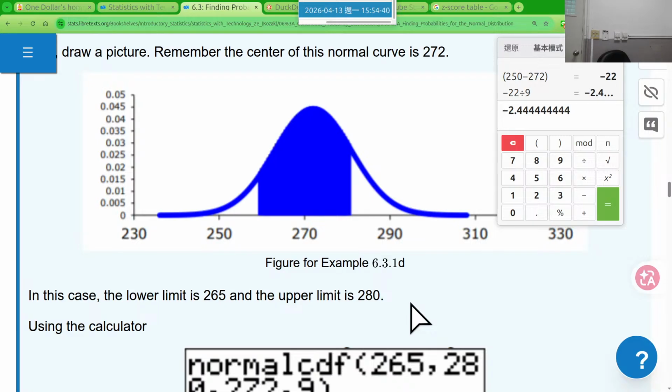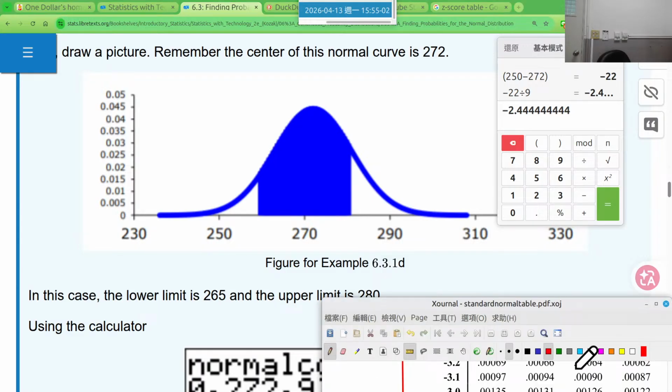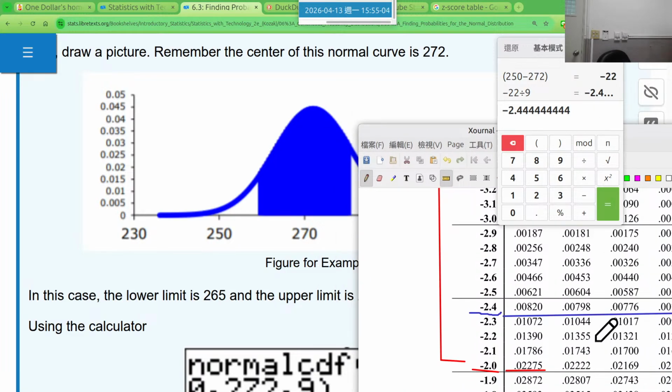I try to slow down, explain one question clearly. Your eyes tell me you are confused with something. Again, find the location here, 280, then check the table. The number here means the area from the location to the left side, and you got a big blue area.